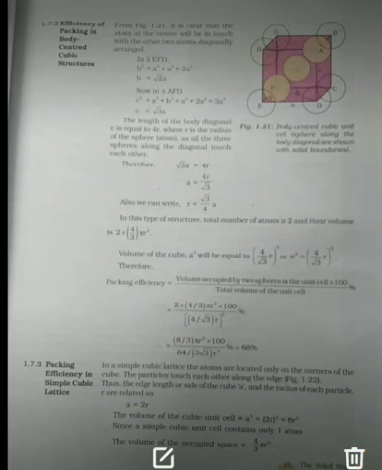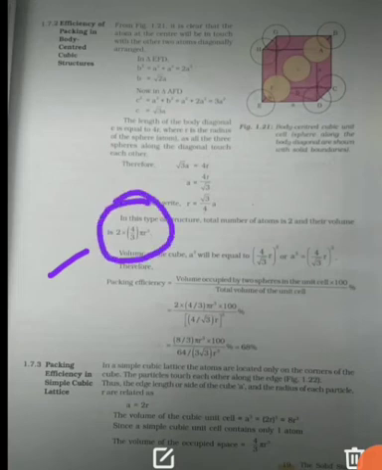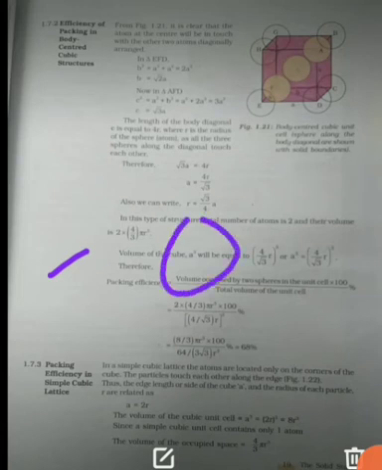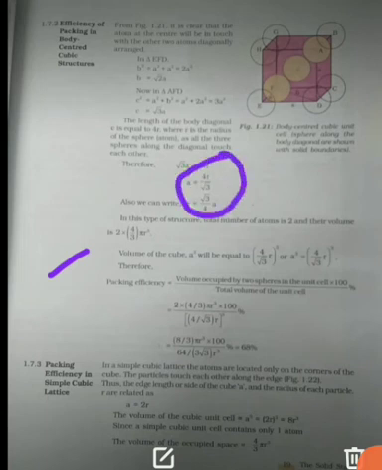So the volume will be 2 into 4 by 3 pi r cube. And the volume of the cube, that is A cube, where the value of A is 4R by root 3, will be (4R by root 3) cube.